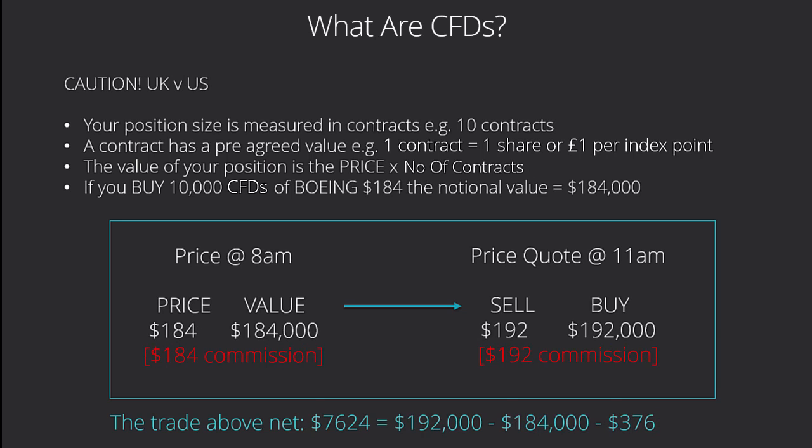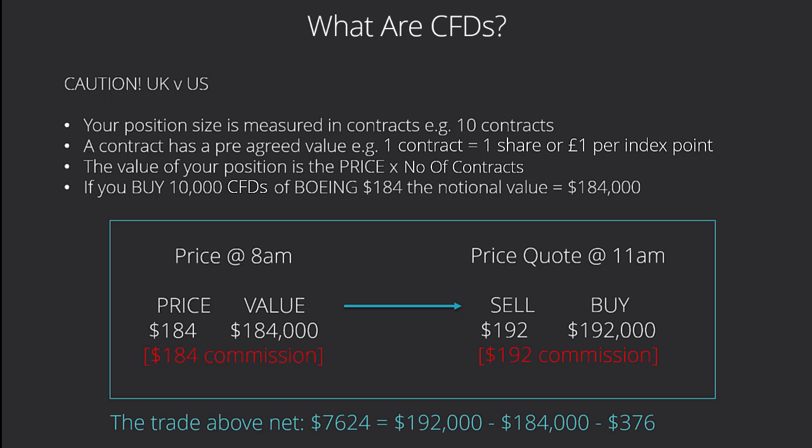Let's look at another example, and this is a bit of a cautionary warning, because you've got to be careful. The UK and US have different conventions in how they quote prices.